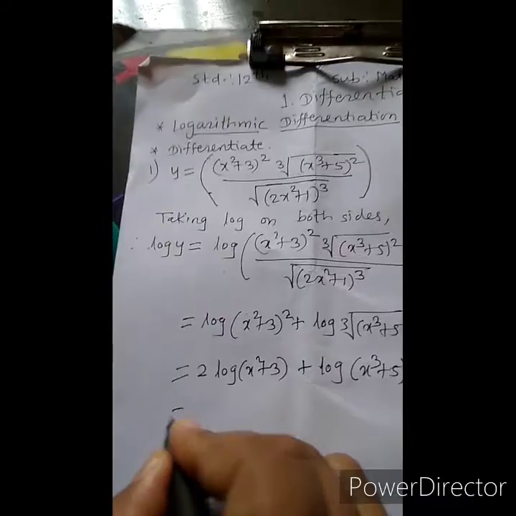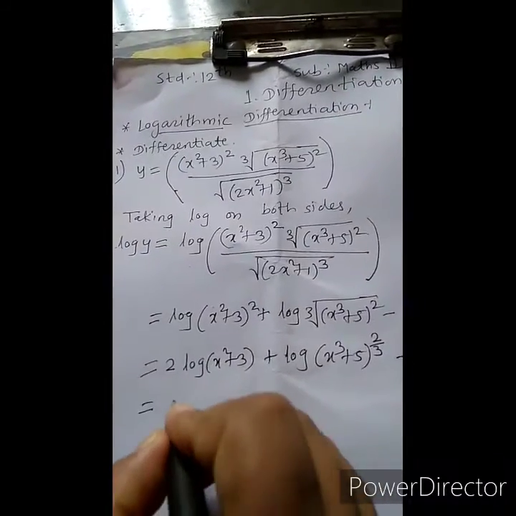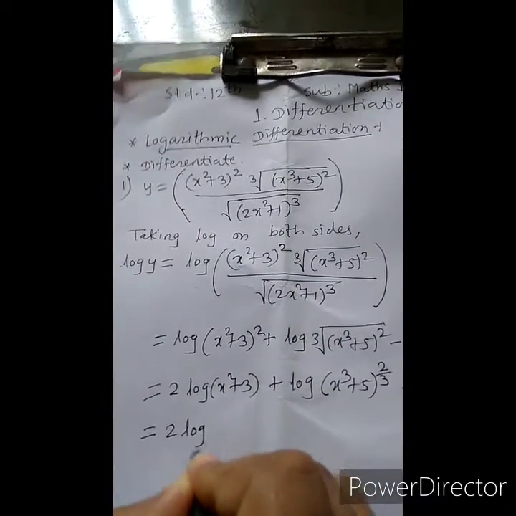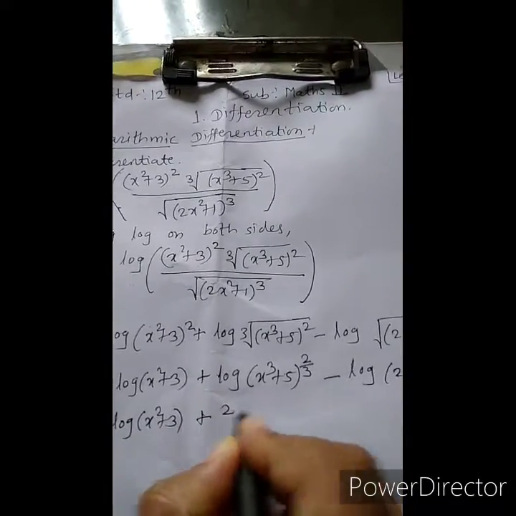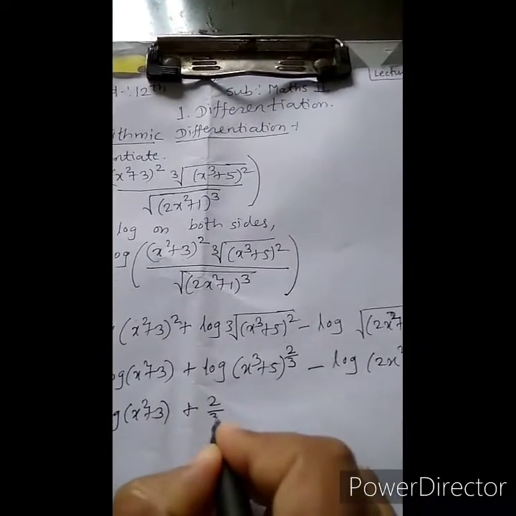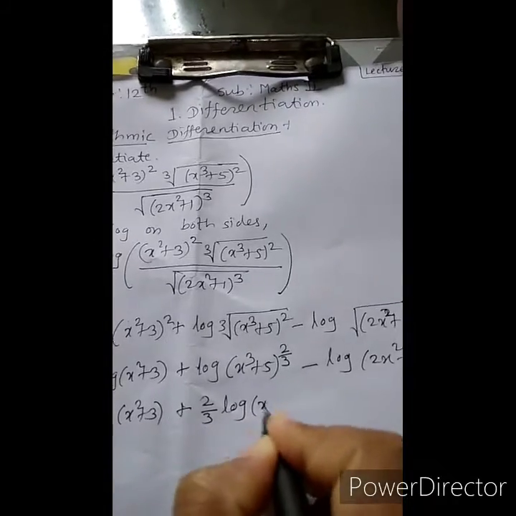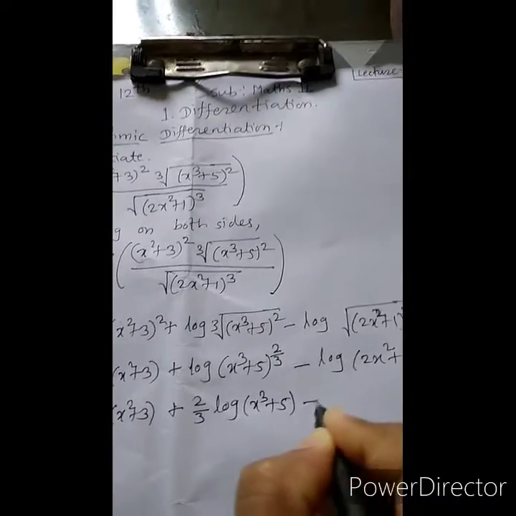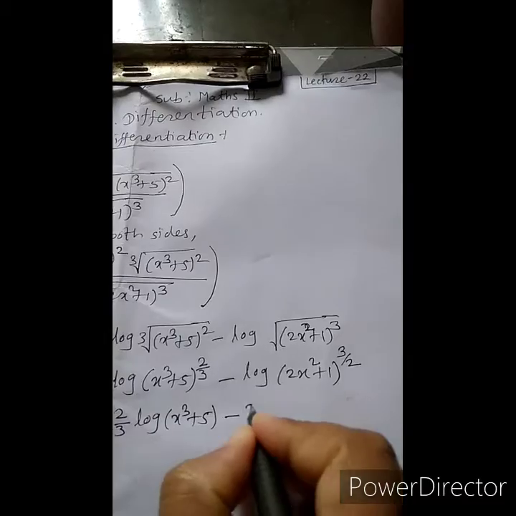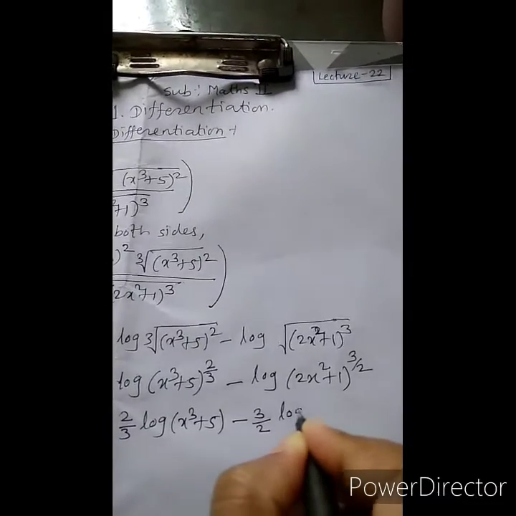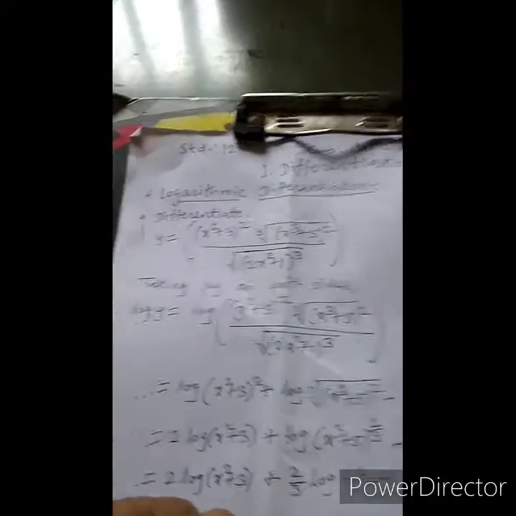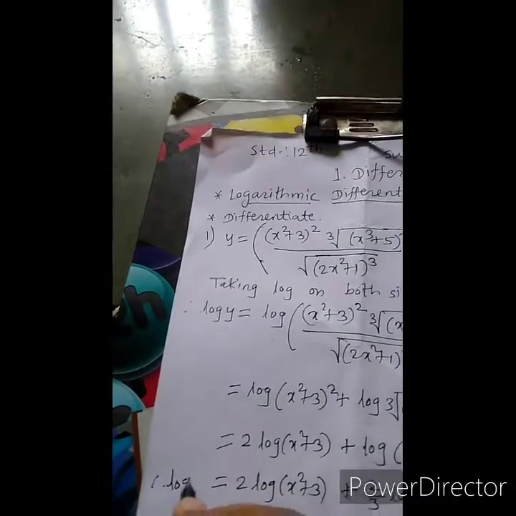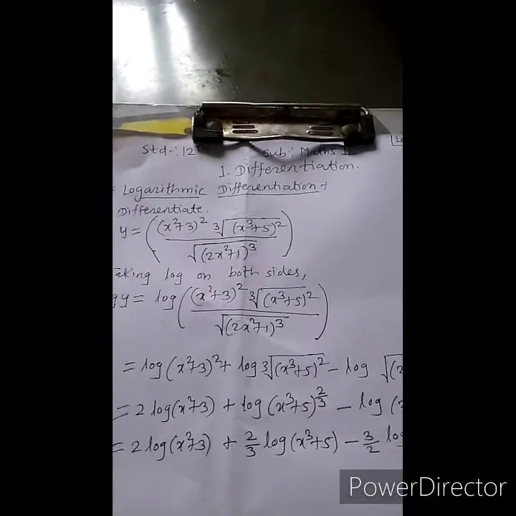Now here power we can take in front of log, so 2 log of x square plus 3 plus 2 upon 3 log of x cube plus 5 minus 3 upon 2 log of 2x square plus 1. Left hand side log of y as it is.